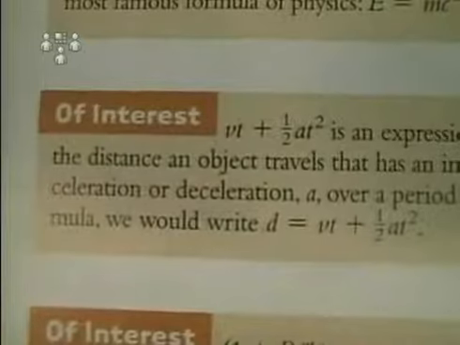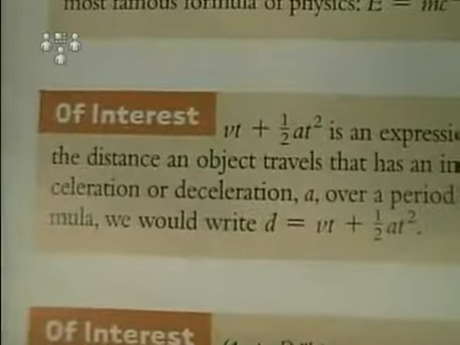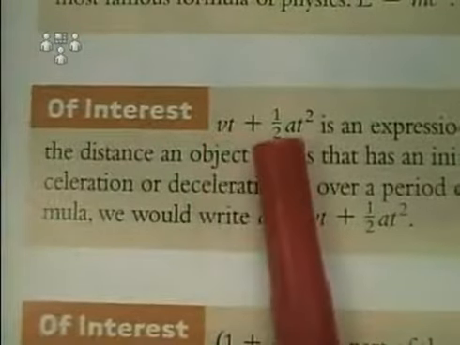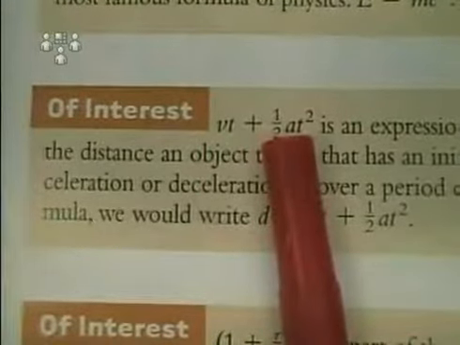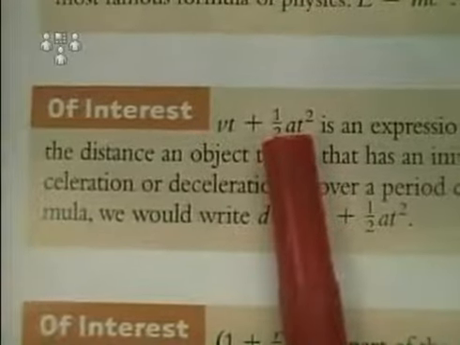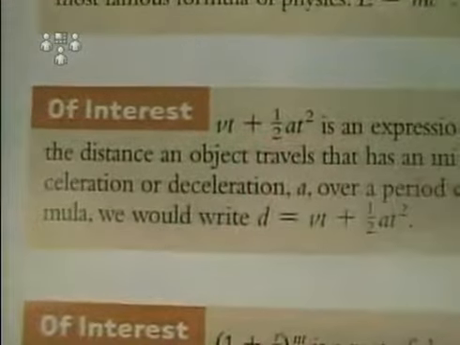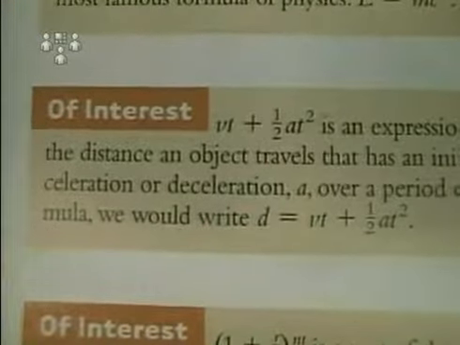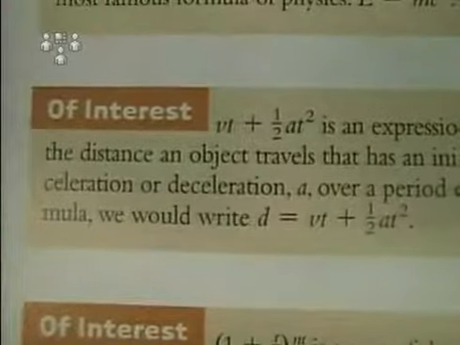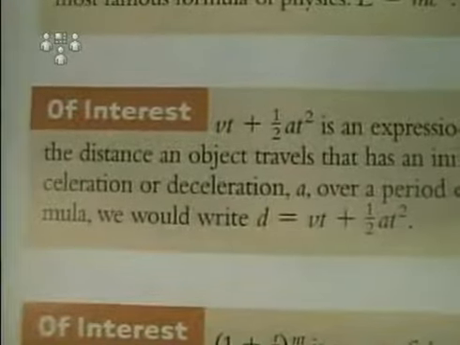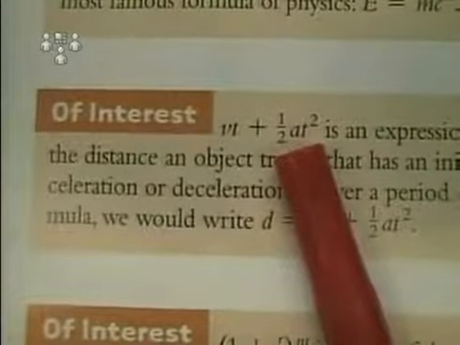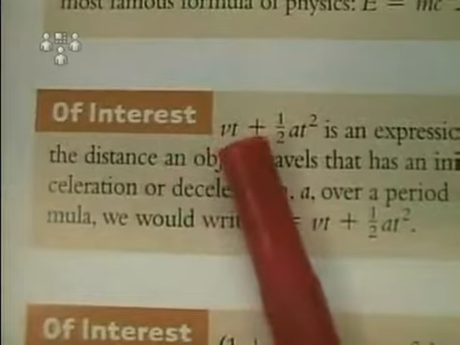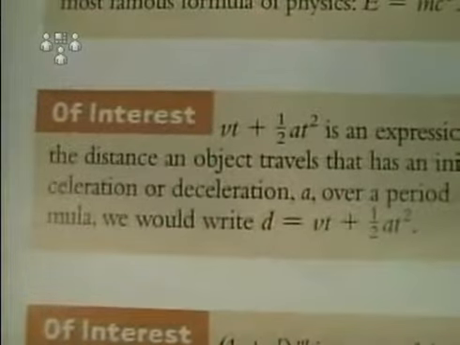If you think of velocity in terms of feet per second, and t is in seconds, this is going to be 1/2 of 32, which is 16, so you'll read this typically as vt plus 16t squared. That assumes you've started to throw something downward and it increases with an acceleration due to gravity. So if you throw something off the Empire State Building, for example, there's that initial velocity multiplied by time plus what it accelerates.